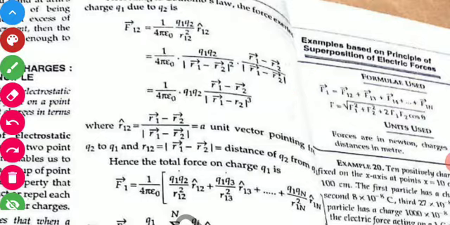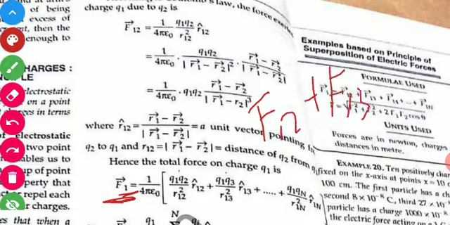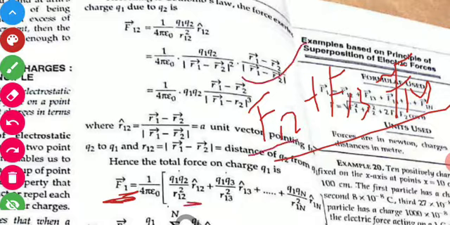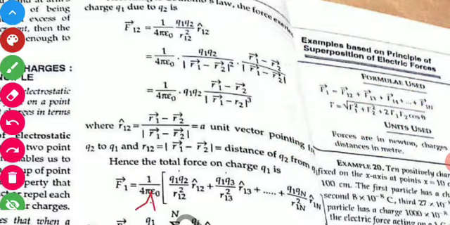After that we can calculate the total force. As we know that total force is equal to F12 plus F13 and up to F1n. So value of F12 is this, because this is the common. 1 upon 4 pi epsilon naught is common. But where the changes takes place?